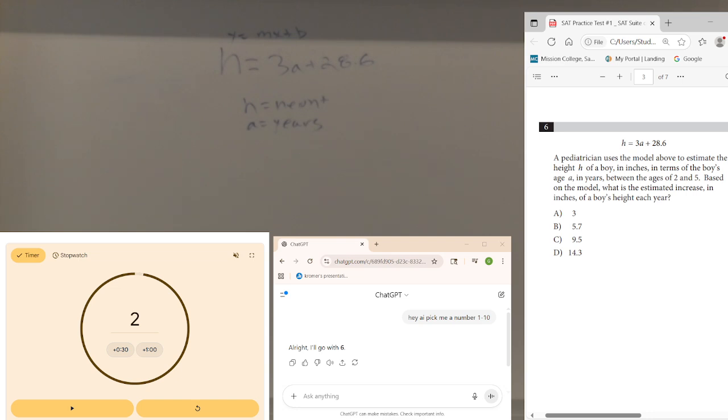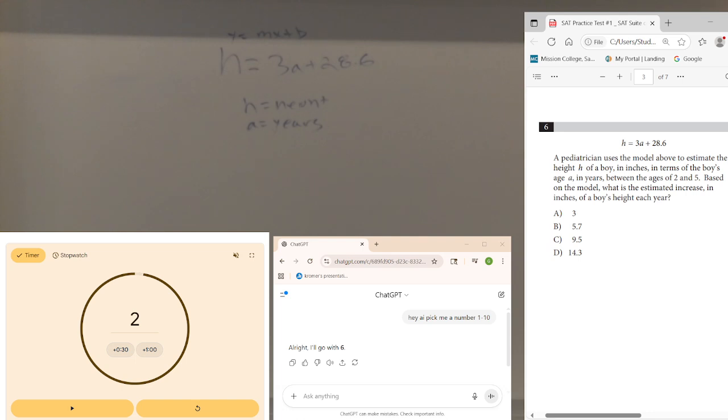Now, this is where your idea of understanding problems comes in. If you know your h is y, your 3 is m, your 28.6 is b, and your a is x, what are you trying to find? You're trying to understand what the problem is saying. Now you're trying to understand the meaning of a slope. What do we know in regular math, right? We know that the slope is essentially the rate of change in the height with respect to age.